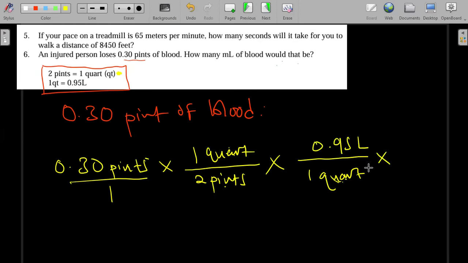This one is a very common conversion factor. We know that 1 liter equals 1000 milliliters, or 1000 cubic centimeters. So milliliters and cubic centimeters are the same, and the liter is the same as a cubic decimeter. If you see 1 liter or 1 cubic decimeter, they're just the same.